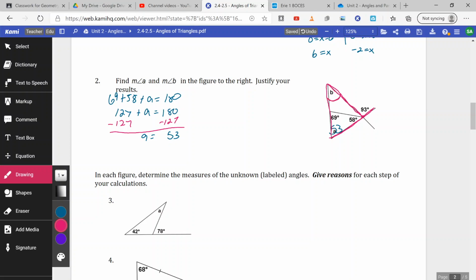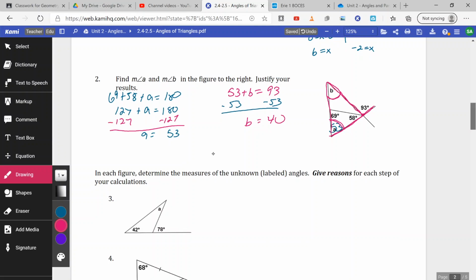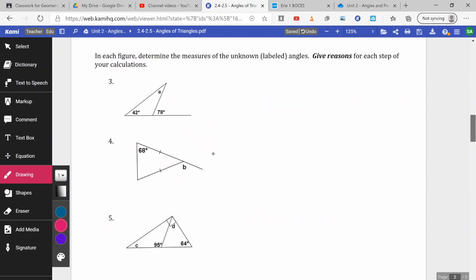The far angles in this case would be B and 53. So we can say 53 plus B gives me 93. And all I have to do is subtract 53 from both sides, and I get a B value of 40. So A is 53, B is 40 using the exterior angle theorem.